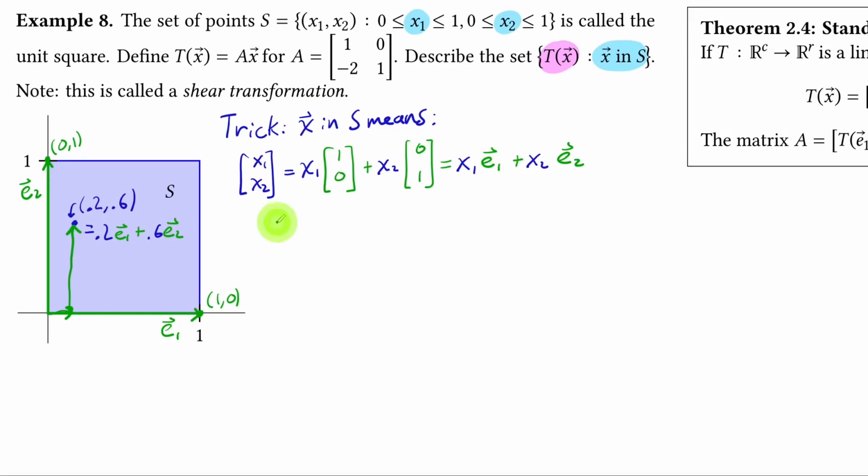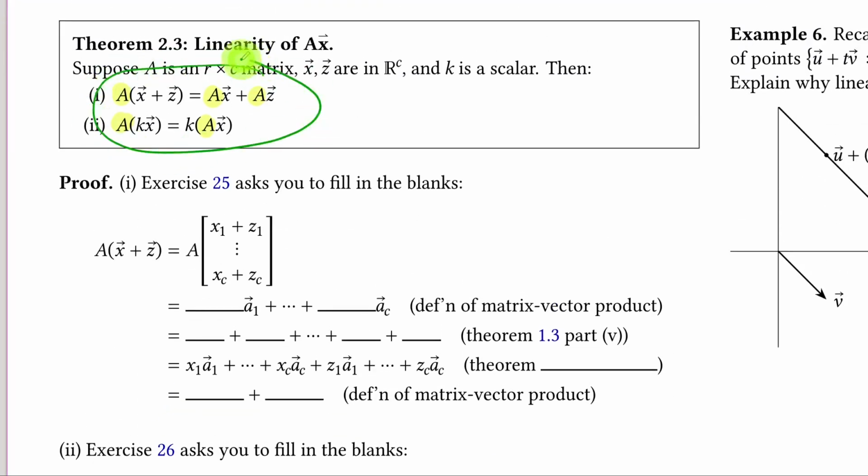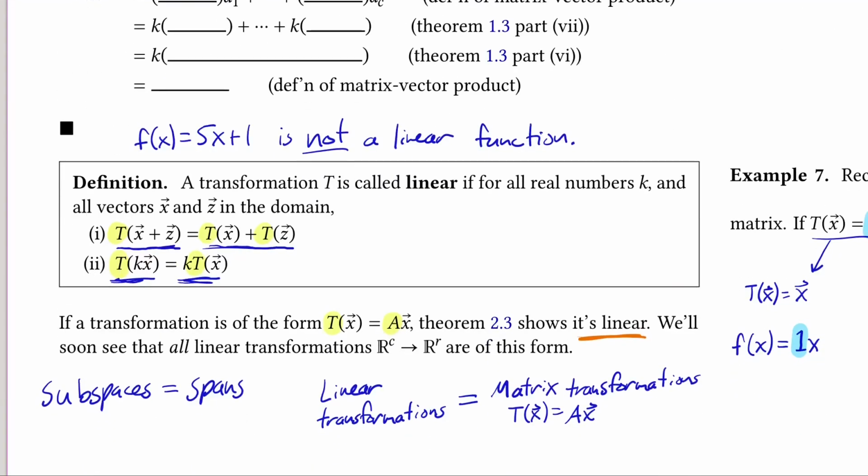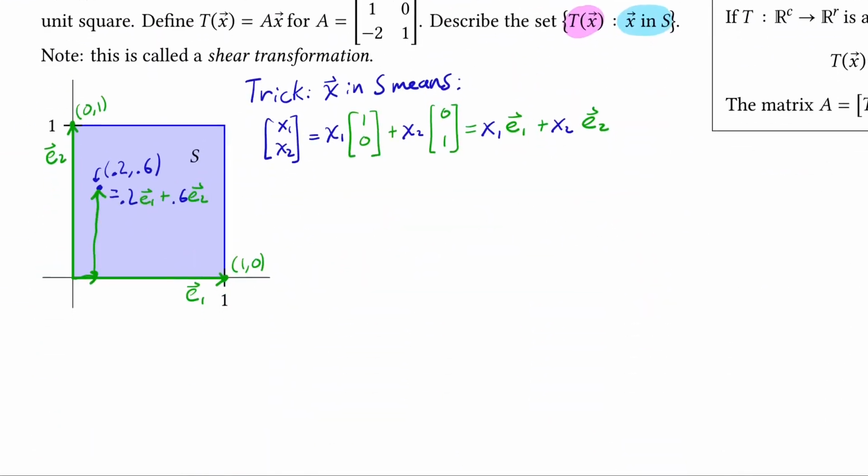Well, because we know that T of x is a matrix multiplication transformation, we showed that it is a linear transformation, it satisfies the distributive rule and the associative rule that we want. So the output, T of x, can be written T of x1 e1 plus x2 e2.